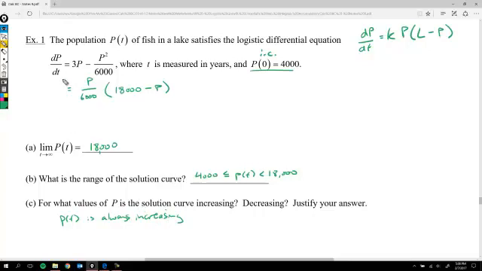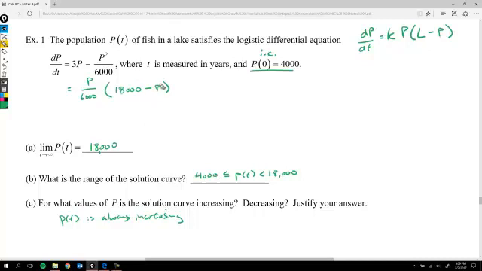If you look over here, this is my derivative, which is equal to this expression. 18,000 minus P is always going to be positive because we're never going to reach 18,000. Every number we plug in for P is going to be less than 18,000, and it's going to be above 4,000. That's what we found here.